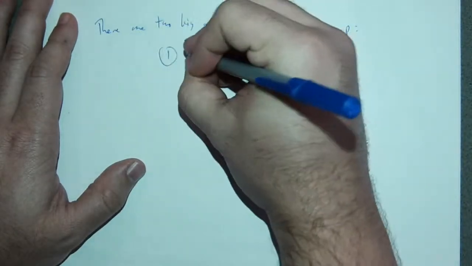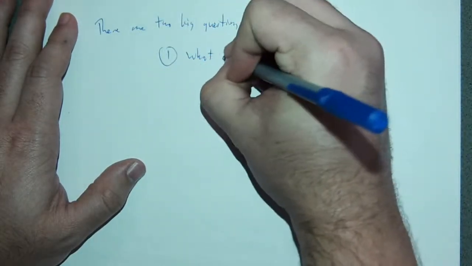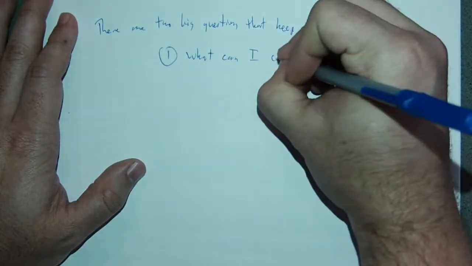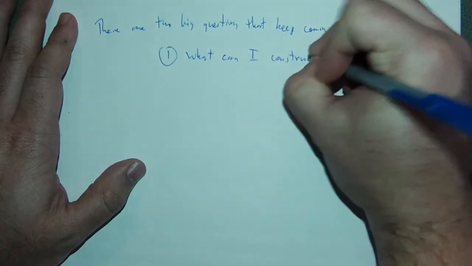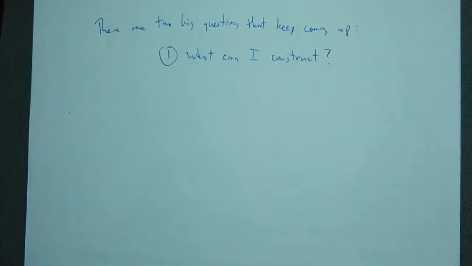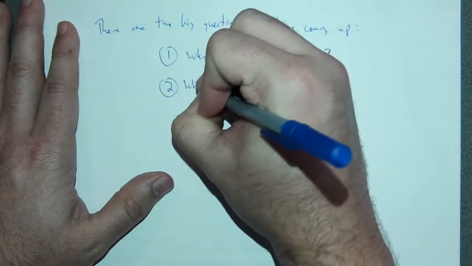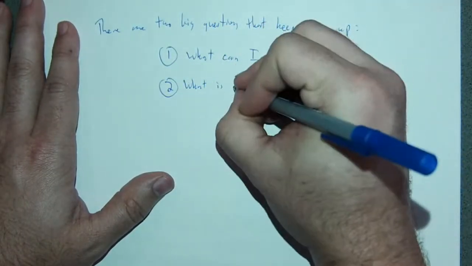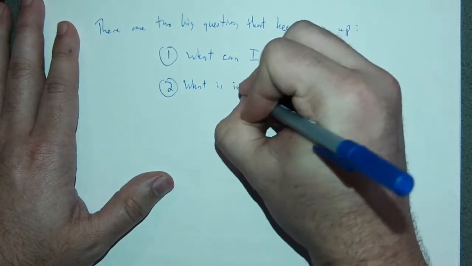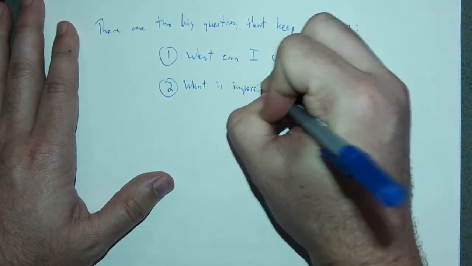One, what can I construct? When I say construct, I mean with compass and straight edge. And 2, what is known to be impossible to construct?